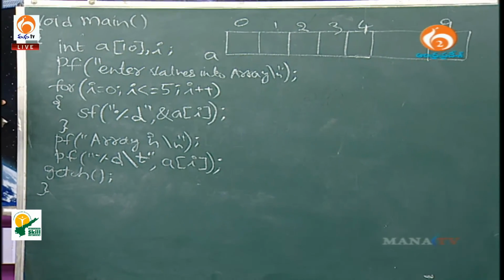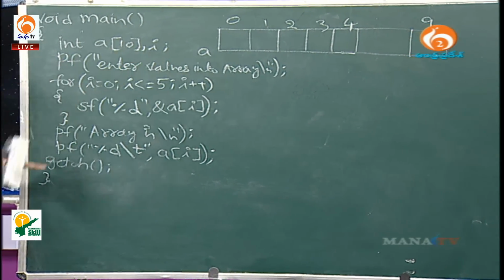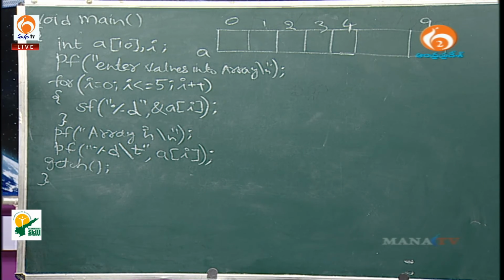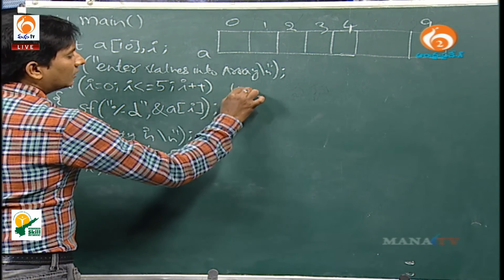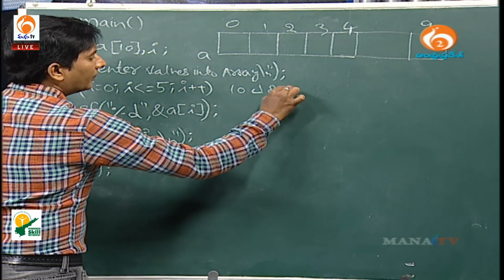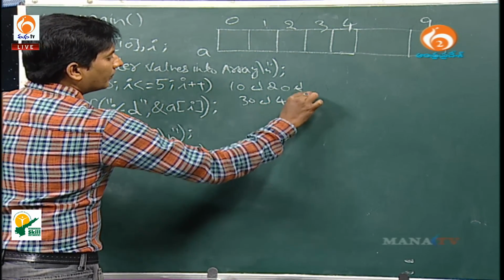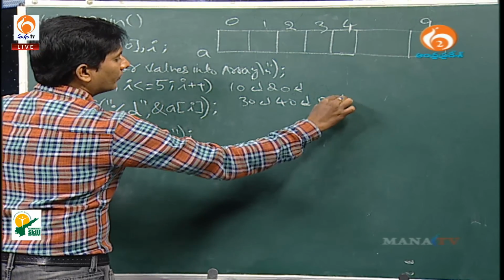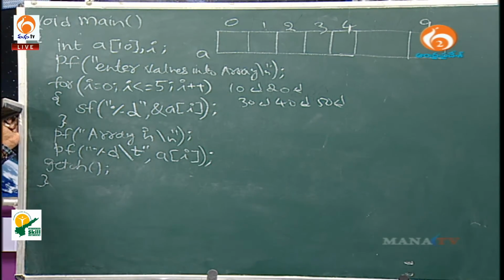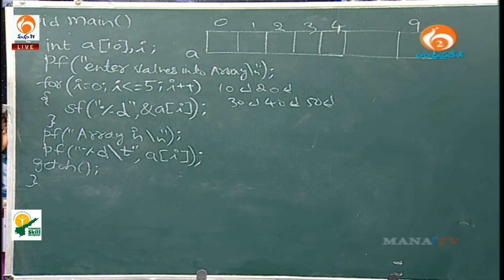Next, variable I, enter values into array. Now, I entered 10, 20, 30, 40, 50, total 5 values I entered.